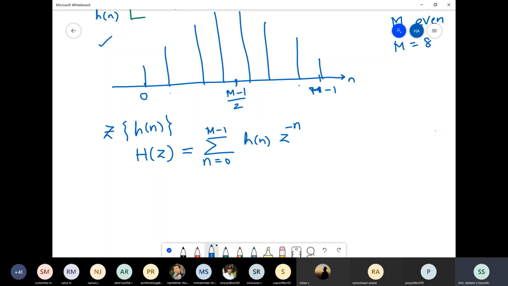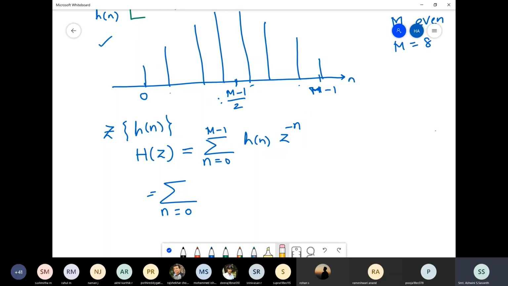Now I want to split the summation into half each. That is, n from 0 to the first half of the samples, these half of the samples into the first summation and the second half into the second summation. So if I have to do that, I obviously need to know what is the index here and what is the index at this point, isn't it?